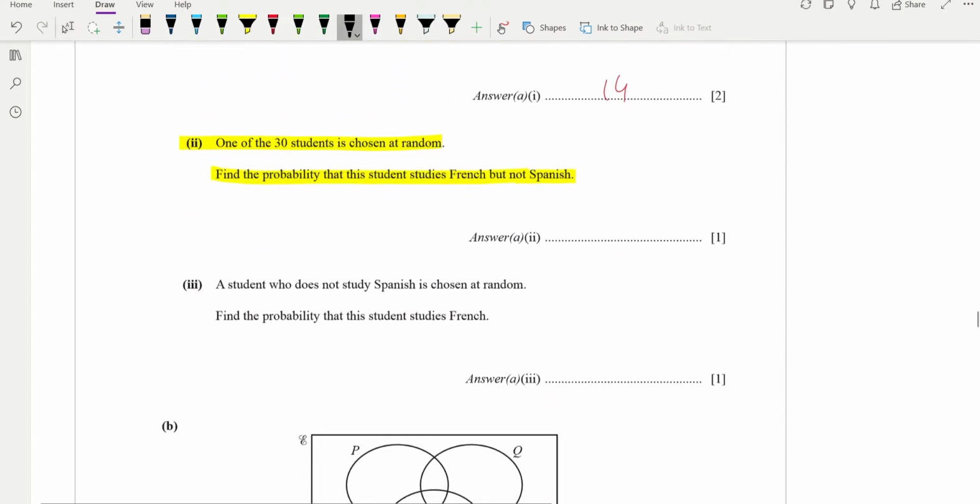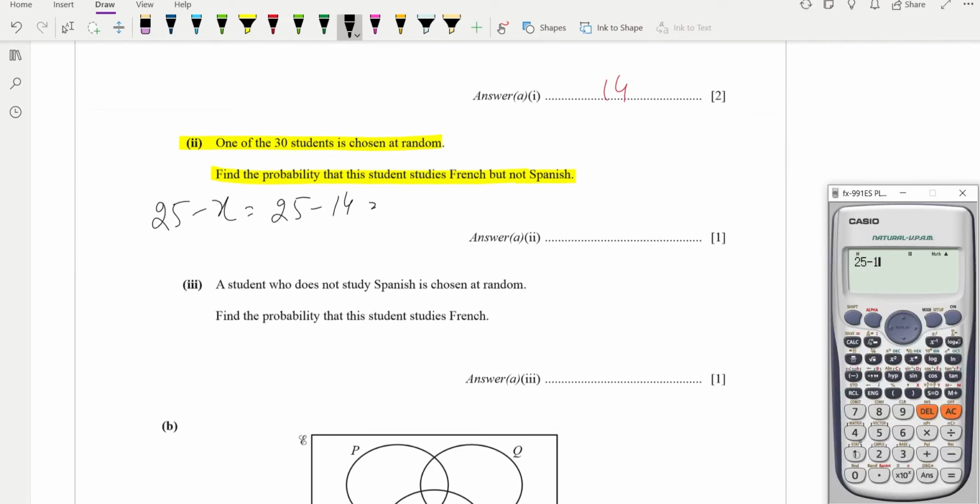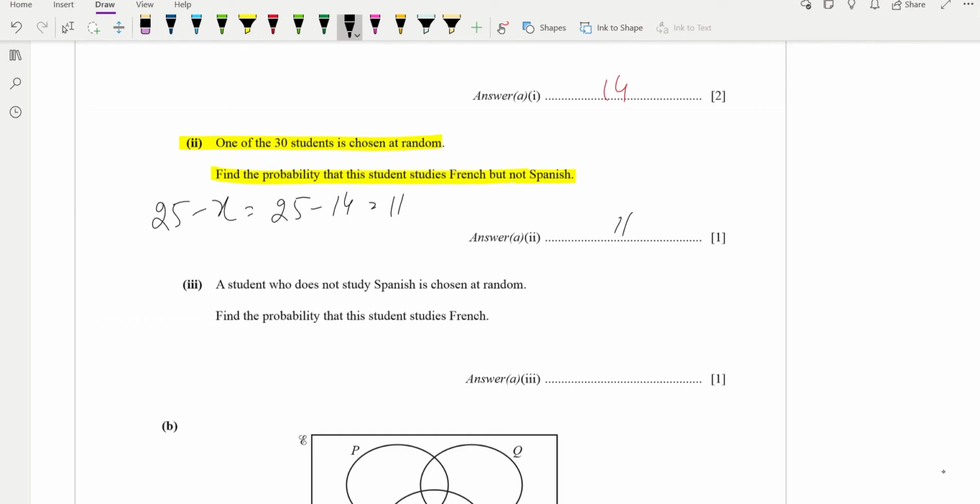So 25 minus x, where the x value is 14, is 25 minus 14, which is equal to 11. So our answer is 11 out of 30. Probability will be 11 out of 30. So we will write the answer as 11 out of 30.